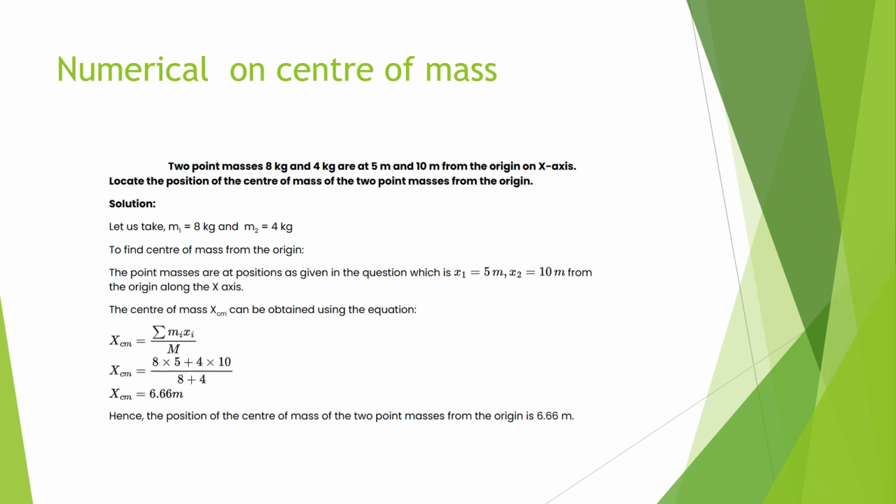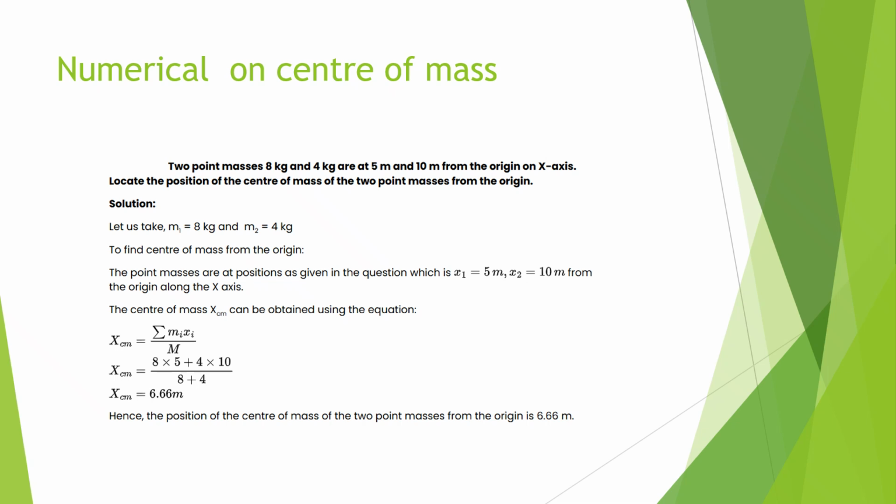So m1 is 8 kg, m2 is 4 kg, x1 is 5 meters and x2 is 10 meters. The formula for a two particle system is m1 x1 plus m2 x2 divided by m1 plus m2. If I substitute the values, we get 6.66.